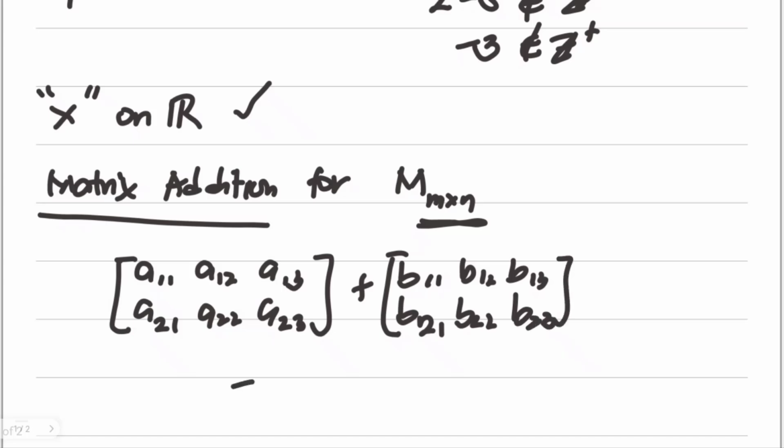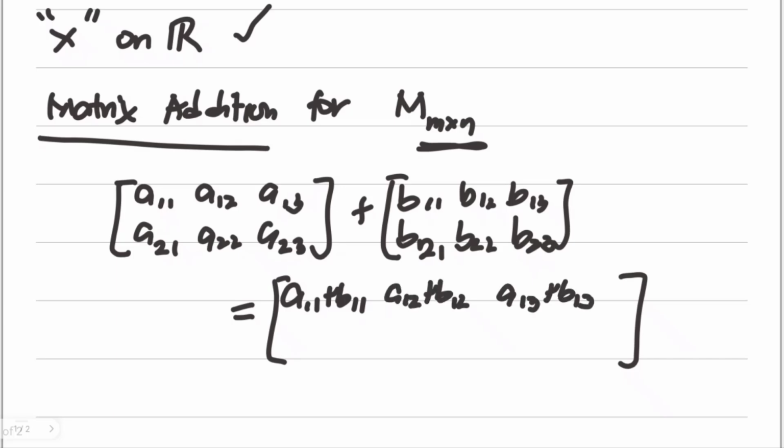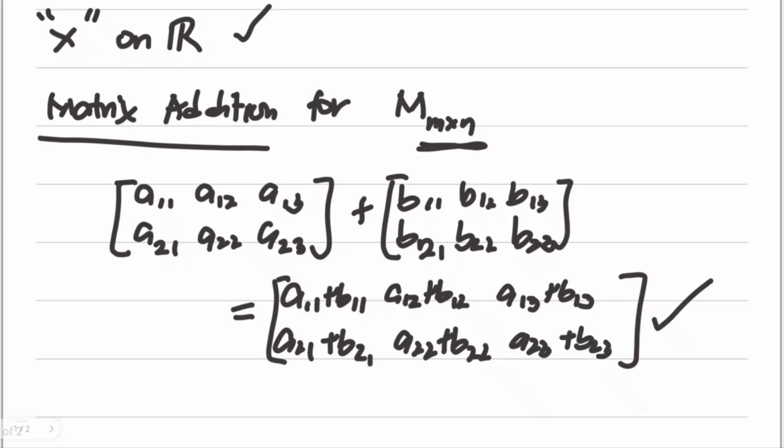According to matrix addition, the sum is the sum of their corresponding components: A11 plus B11, A12 plus B12, A13 plus B13, A21 plus B21, A22 plus B22, A23 plus B23. The result is still a 2 by 3 matrix.